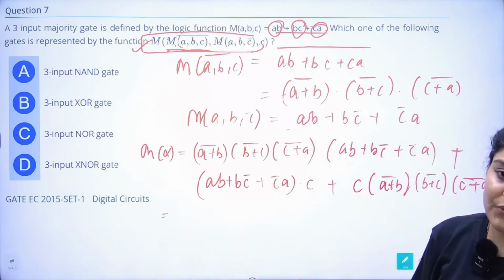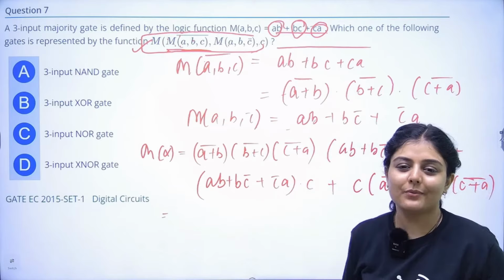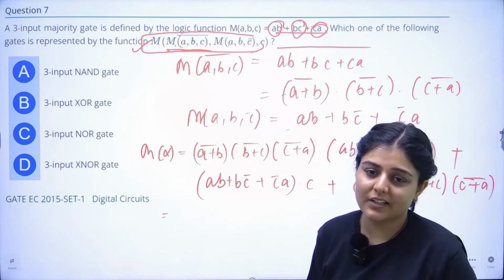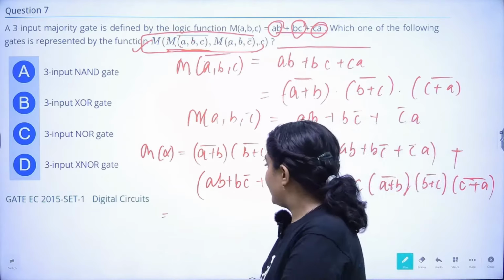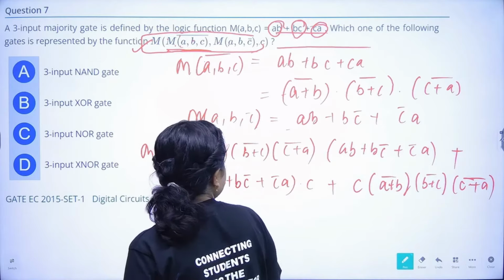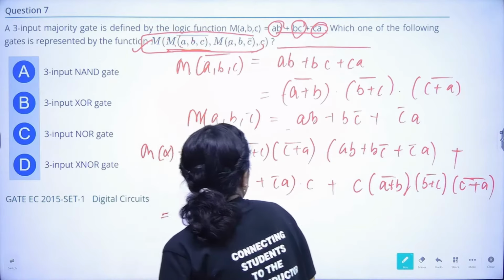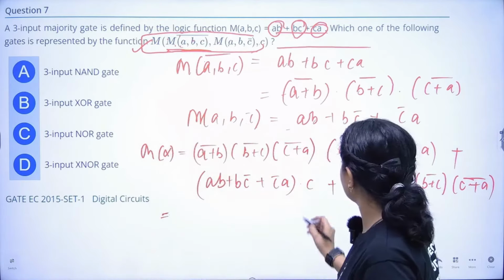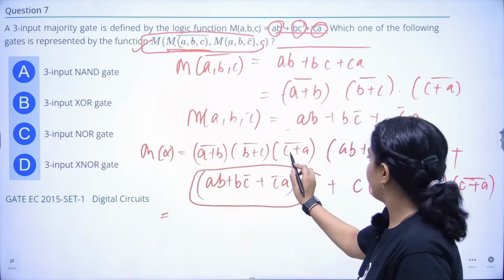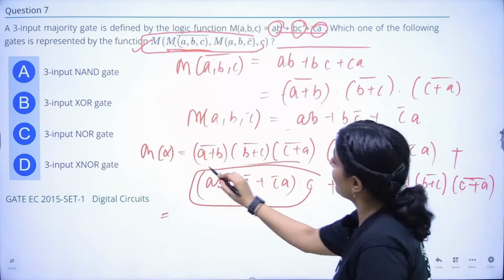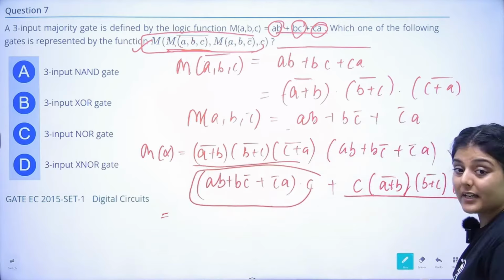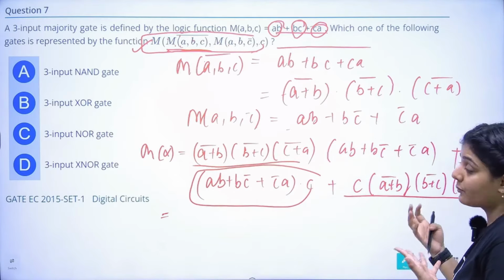Some GATE questions are like to waste your time, and yes, you can expect these questions. Okay, so let's just start solving it. Let's solve this expression first, because this bigger term is common here and here, so we can take it common and then solve the smaller ones.